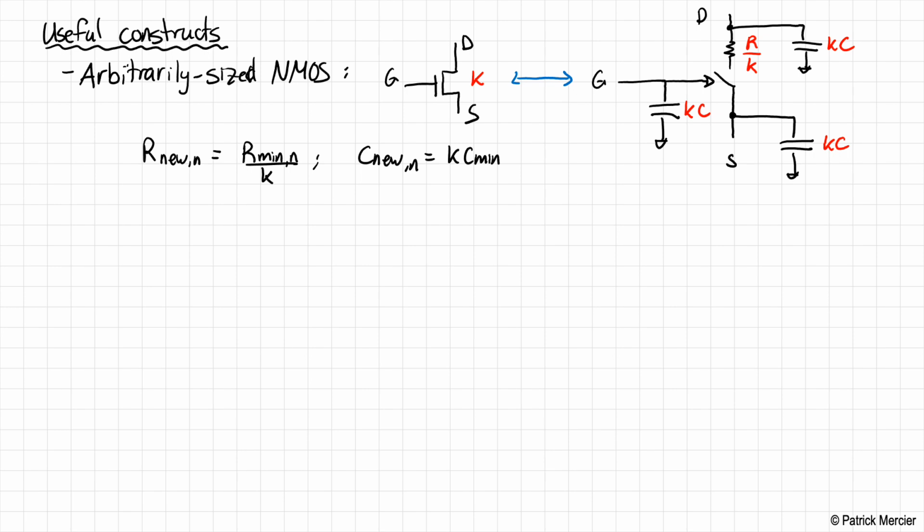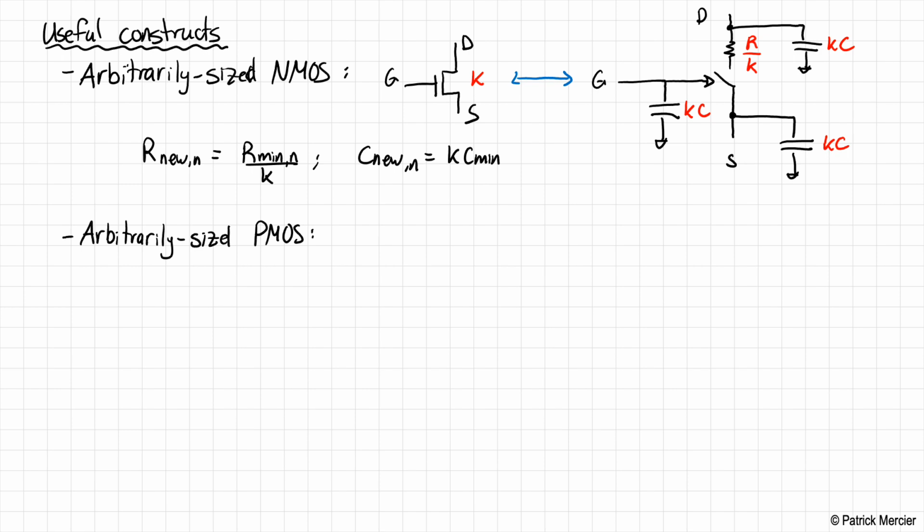Okay, and just to get min out of the picture, on the picture on the right, I just said C and R, understanding that C is a unit size capacitor and R is a unit size resistor. Now we can do the same thing for an arbitrarily sized PMOS transistor.